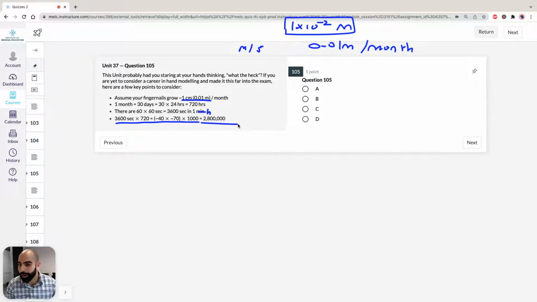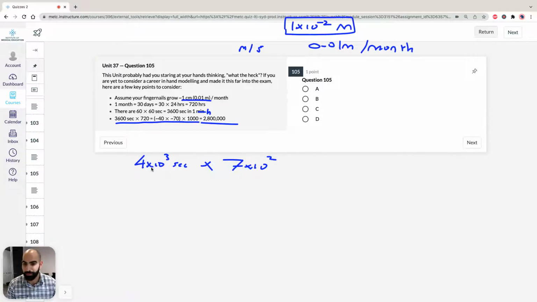But that's how my brain works. Normal people will just use scientific notation. So let's say 4,000, we can approximate here. 4,000 is 4 by 10 to the 3 seconds. We're timesing that by 720, which is about 7 by 10 to the 2. Remember with scientific notation, if we're multiplying, the superscripts add.